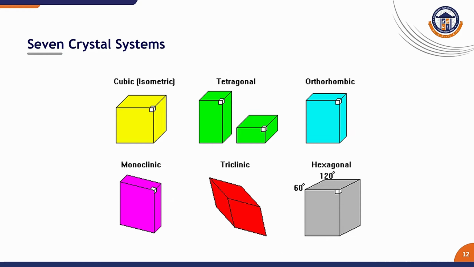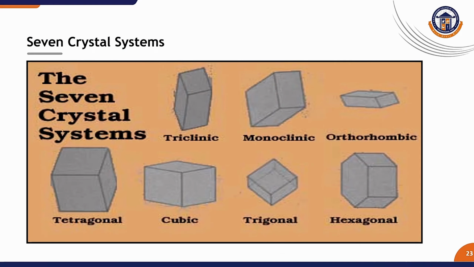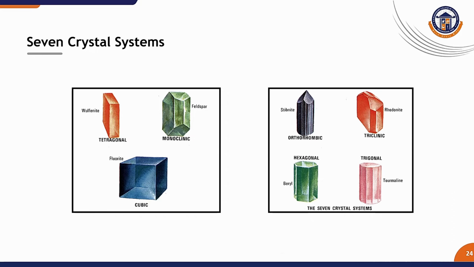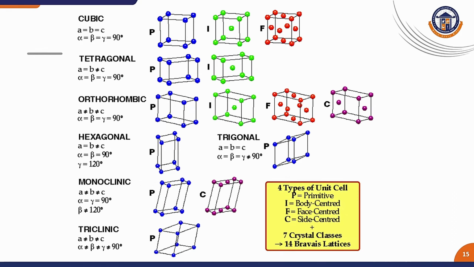Bravais lattices in the seven crystal systems. Apart from the seven systems, we classify lattices by how atoms are arranged inside the cell: primitive, body centered, face centered, and base centered. Primitive cell has atoms only at the corners.